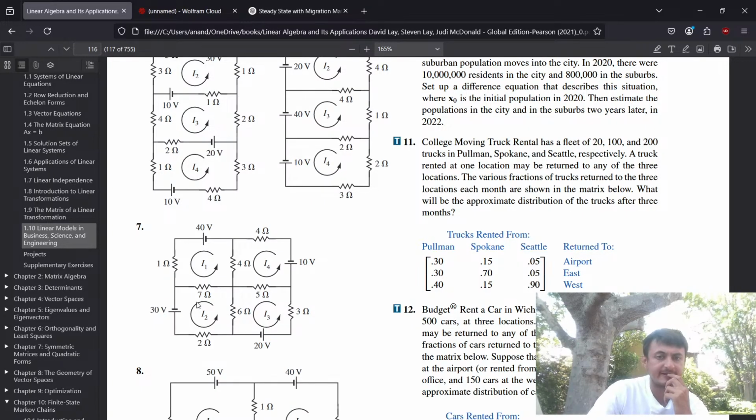We need to be careful because I think in this case, this is supposed to be a minus 10.